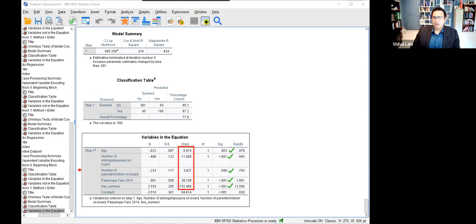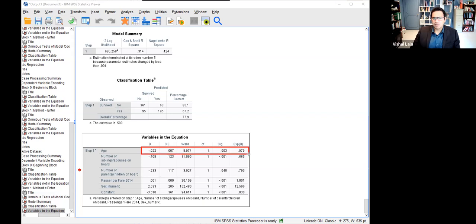Next, we're going to go in and look at interpreting individual coefficients. Let's go with age. So age is significant, so we can interpret this coefficient.